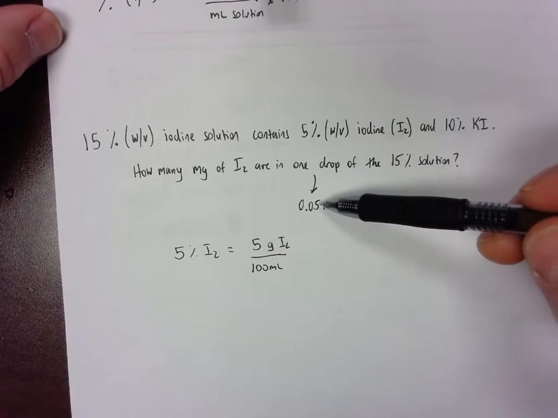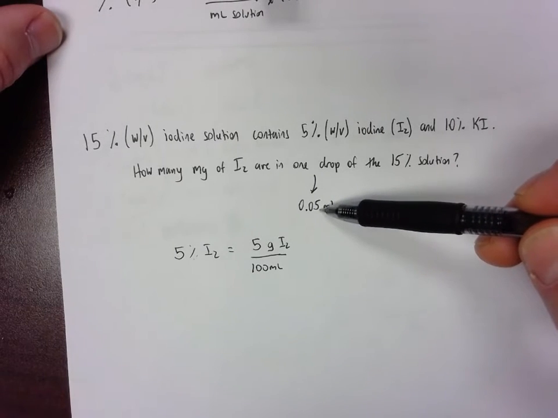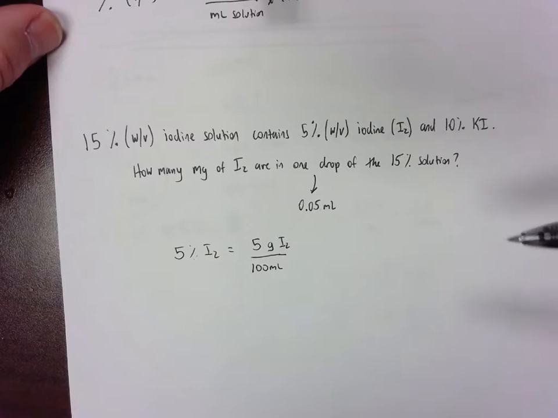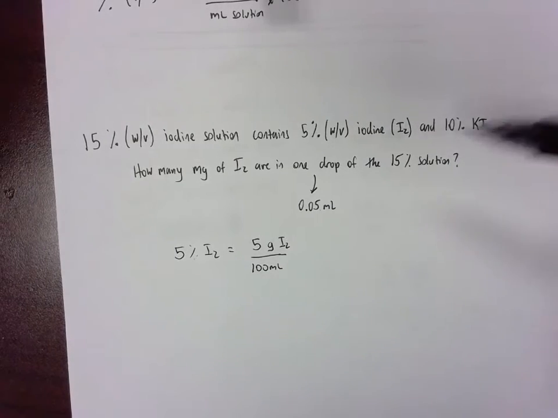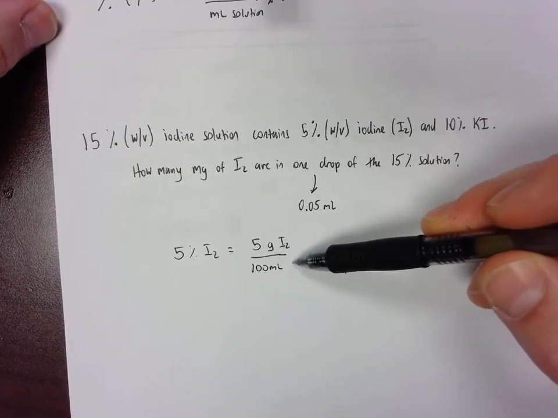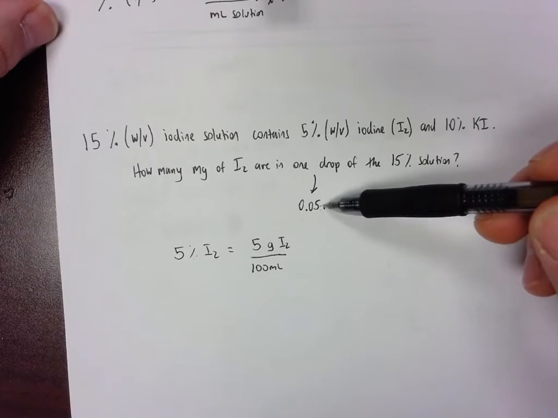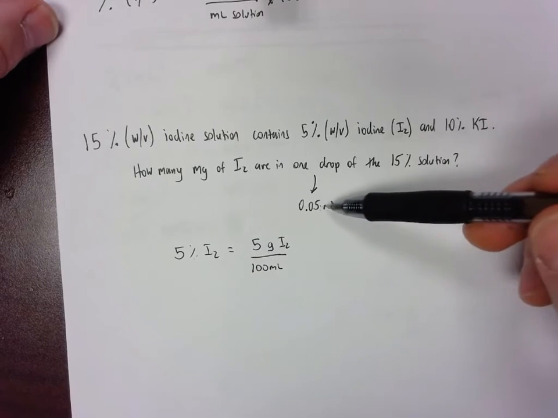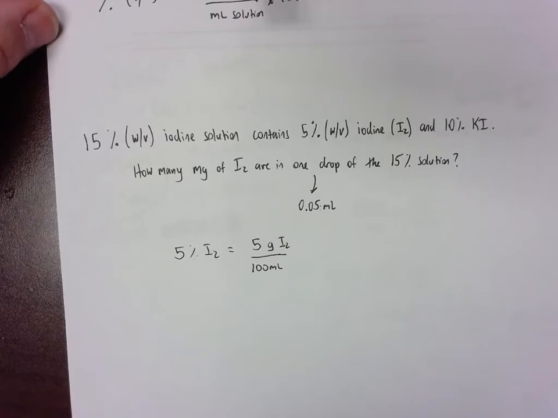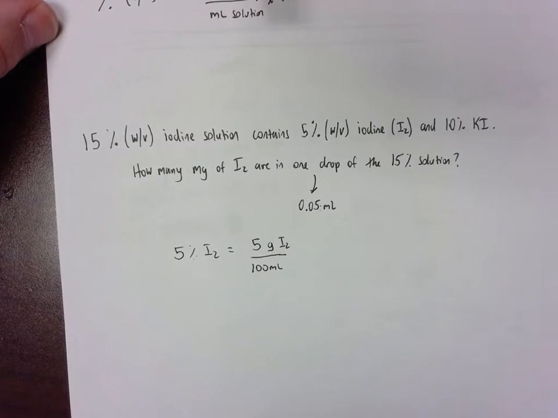But I don't have 100 milliliters, I've got one drop, 0.05 milliliters. So if I had 100 milliliters, my answer would be 5 grams, but because my volume is one drop, which is 0.05 milliliters, I need to figure out, okay, how many grams of iodine is in one drop?